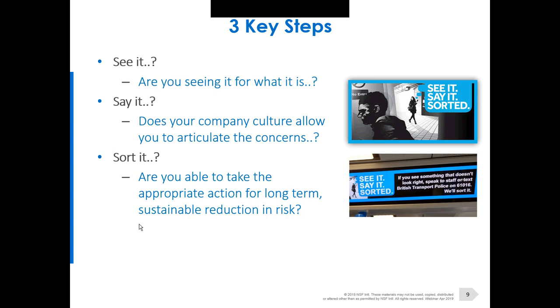You want to be able to generate the type of corrections, corrective actions, and preventive actions that are going to give you a long-term sustainable solution. And that solution is normally about the reduction of risk. You want to reduce the severity of a recurrence, you want to reduce the frequency of it reoccurring, and of course you want to make that risk as visible as possible.